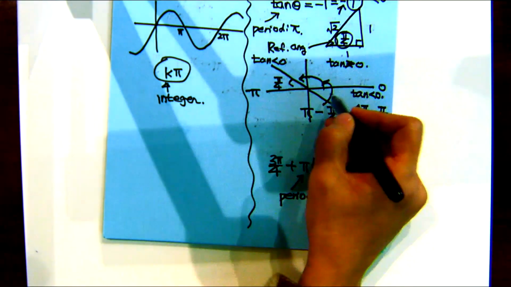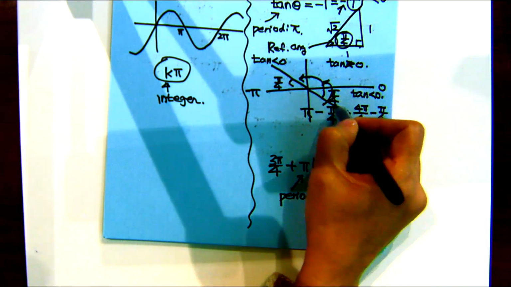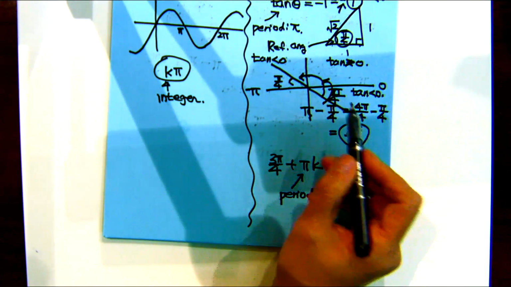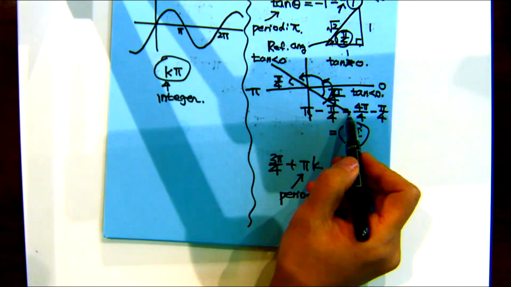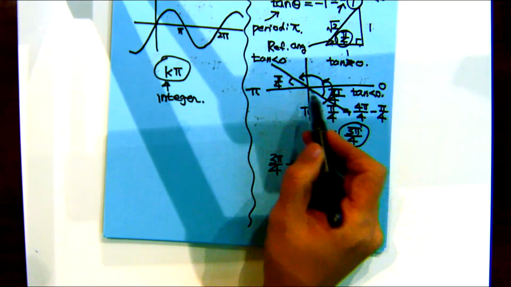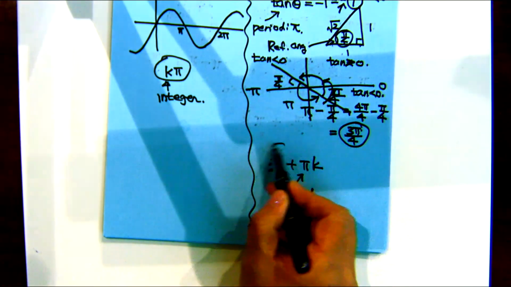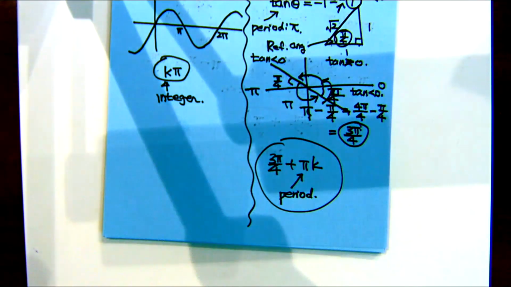And we know that this is pi over 4. The reference angle is pi over 4. But when we think about this angle will be obtained by adding pi. So that is included here. Any question?